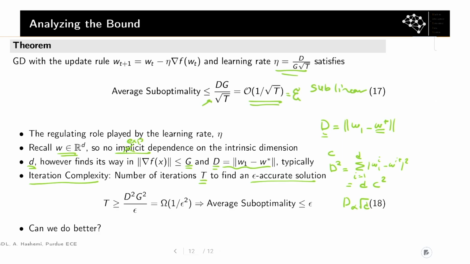So we are epsilon close to a solution. And if you do so, this is what you're going to find. We use the O notation here to hide the constants and say that the iteration complexity is basically 1 over epsilon squared.